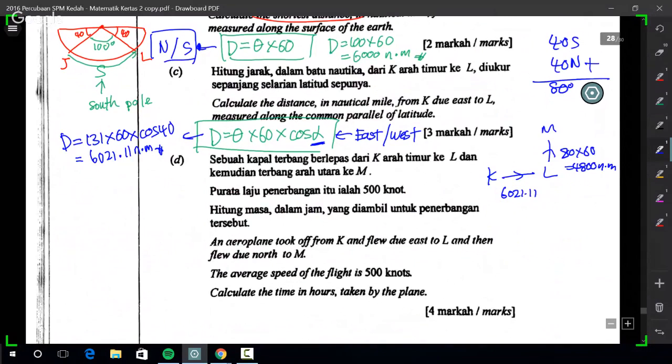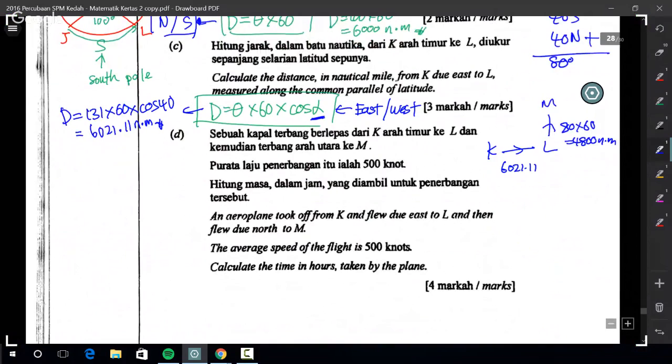All right, so therefore, what does the question ask? Average speed of the flight is 500. Calculate the time. We know speed equals distance over time. Speed is 500.